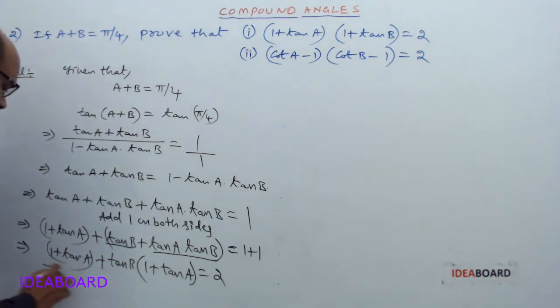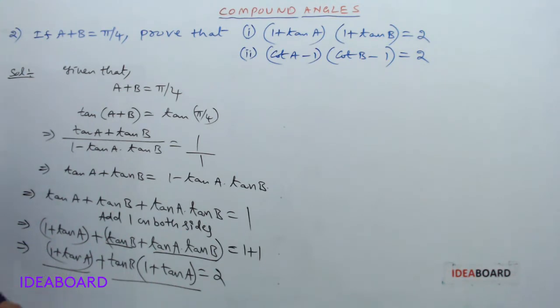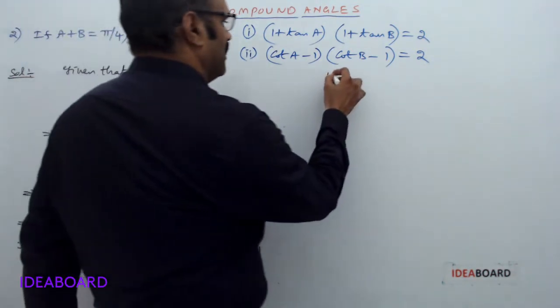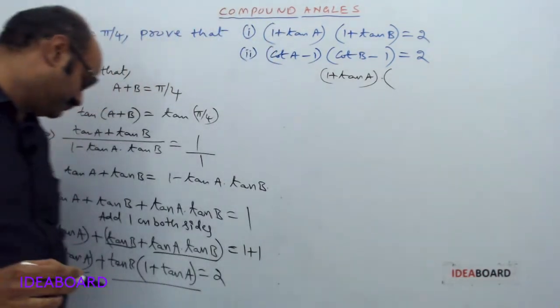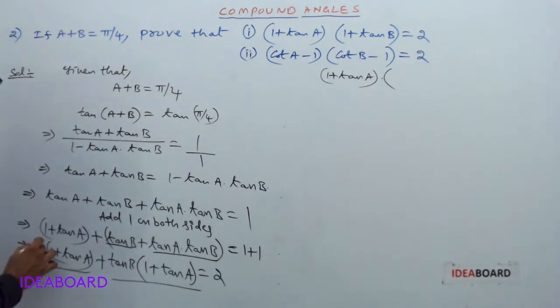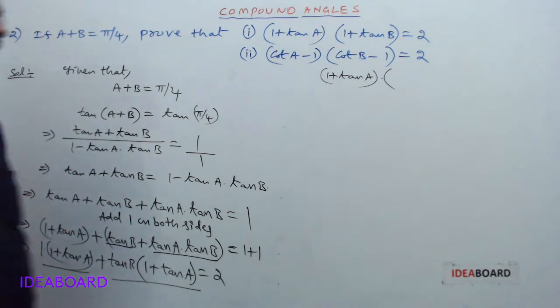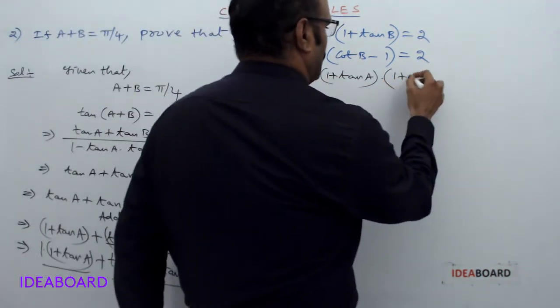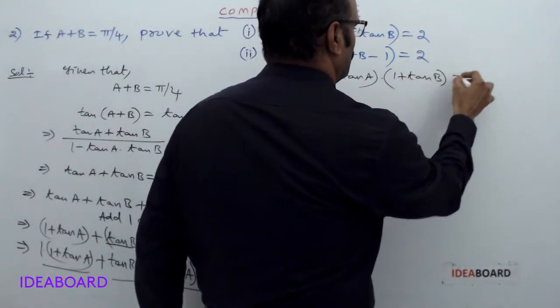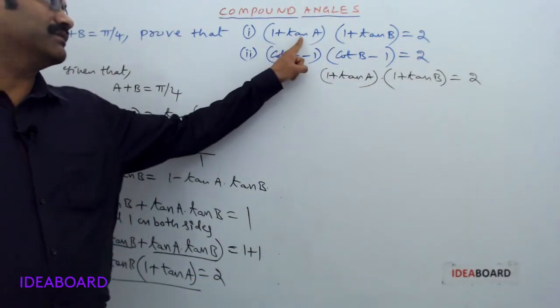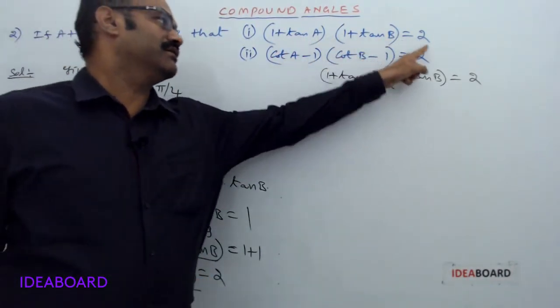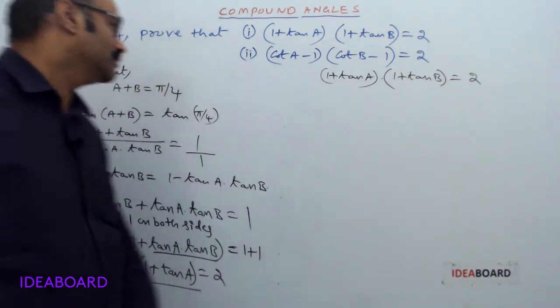Now again in these two terms 1 plus tan a is common. So 1 plus tan a if you take common into, here we have 1 plus tan b, 1 plus tan b equal to 2. So we got 1 plus tan a into 1 plus tan b equal to 2.